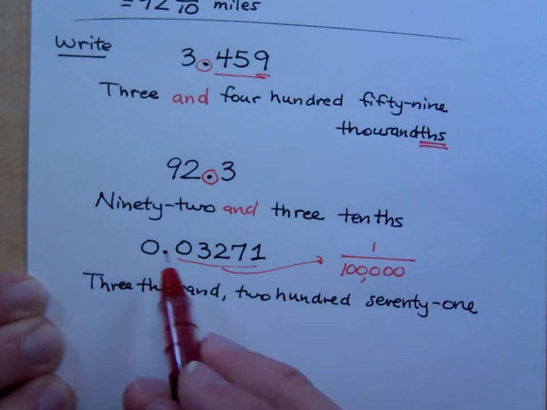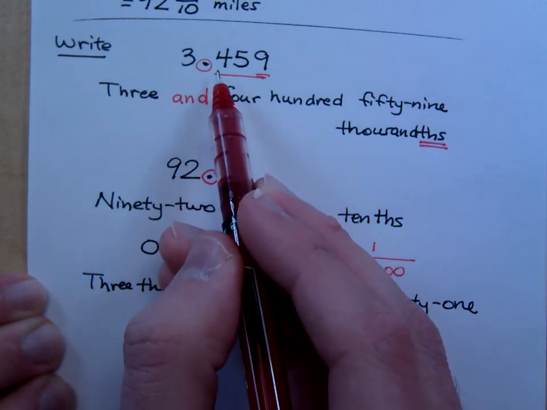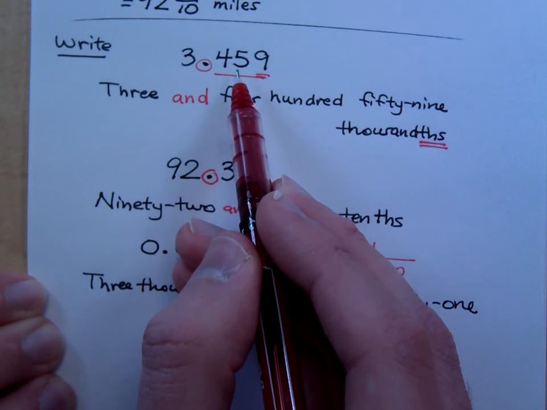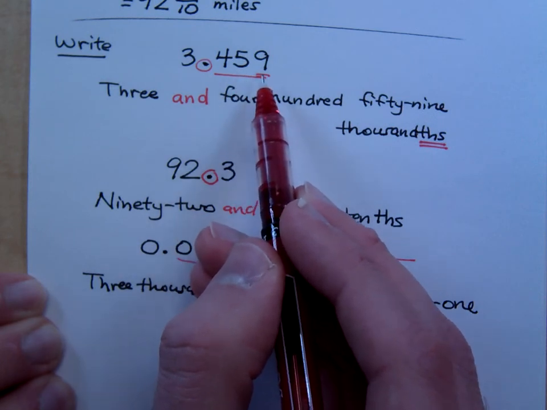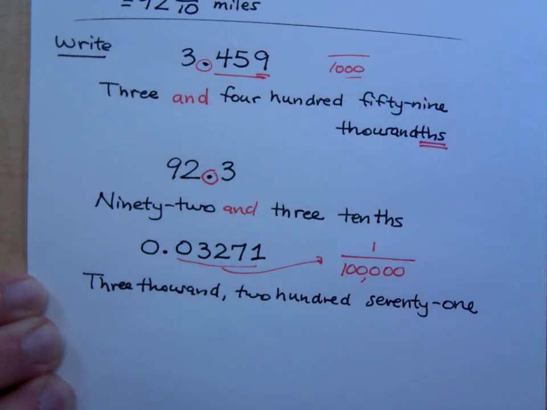However many decimal places is how many zeros you would have. So when there's 1 decimal place, that's tenths. 2 decimal places, that would be 2 zeros, so that's hundredths. 3 would be 3 zeros, so that's thousandths. So this is 100 thousandths.